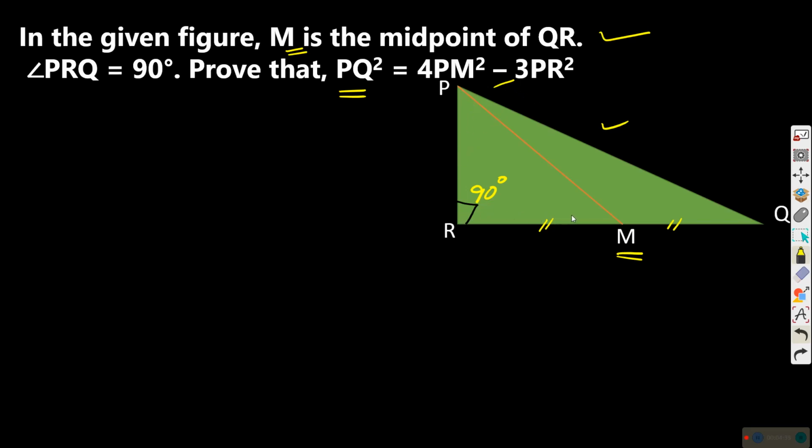So we can connect those two triangles with the help of given information. The question is to equate PQ square. We should keep in mind what is asked. We have to equate PQ square with PM square and PR square.